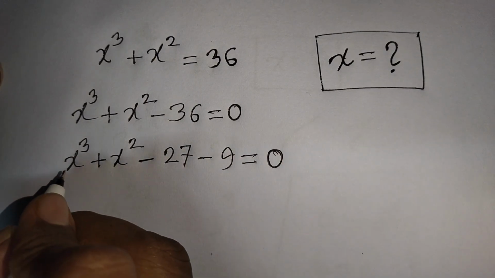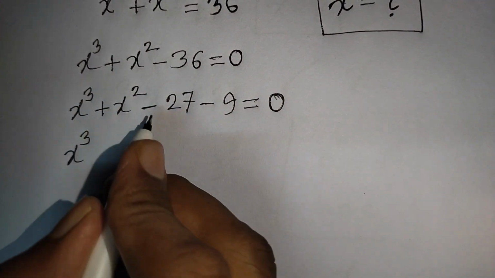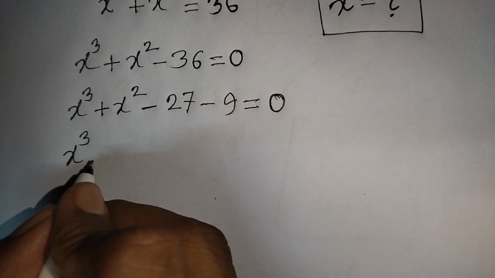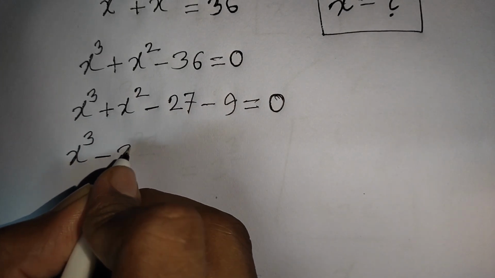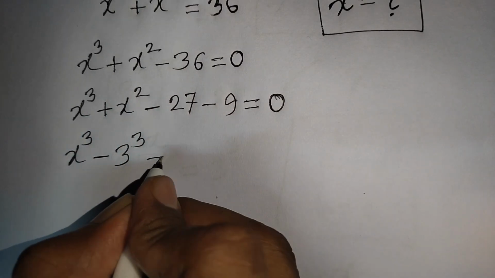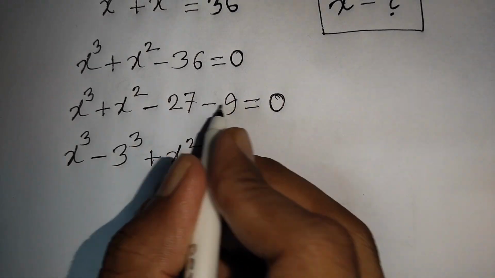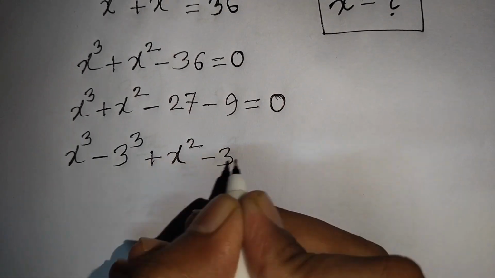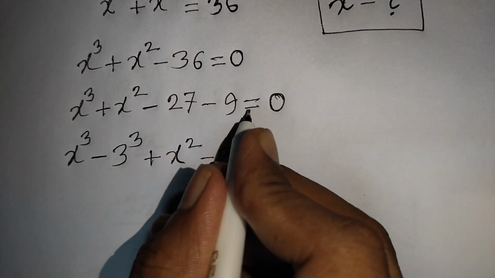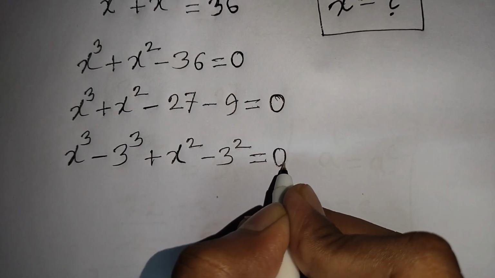Now we have x cube, then minus 27 can be written as minus 3 cube, then plus x square, then minus 9 can be written as minus 3 square is equal to 0.